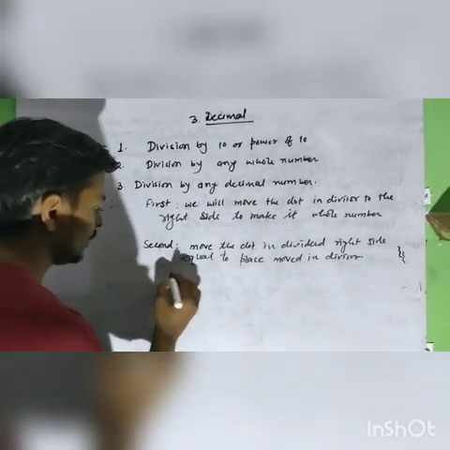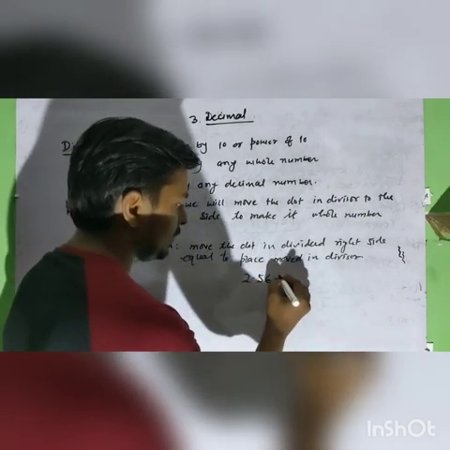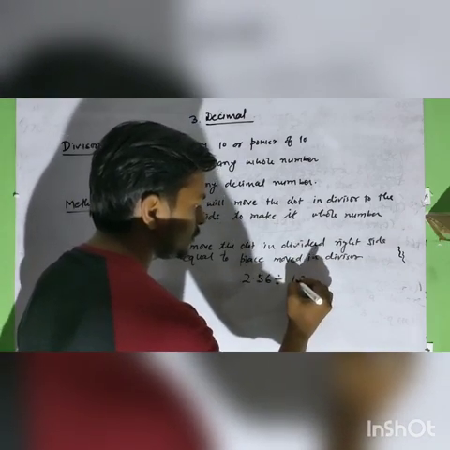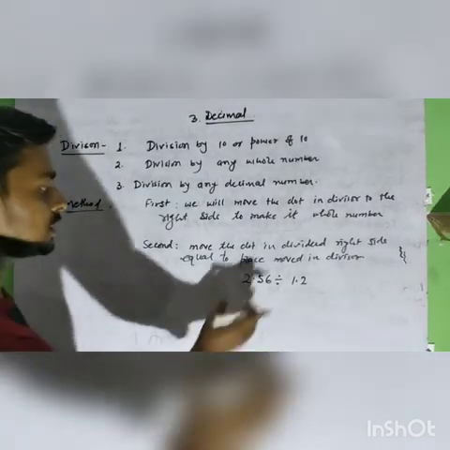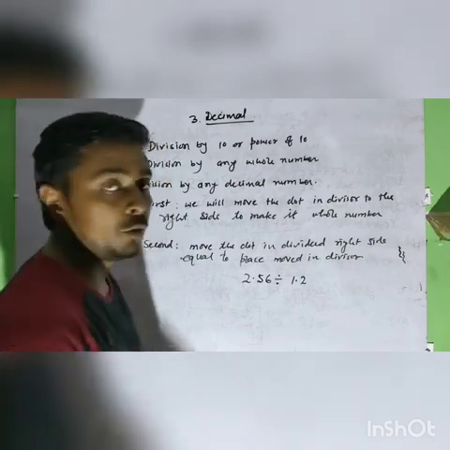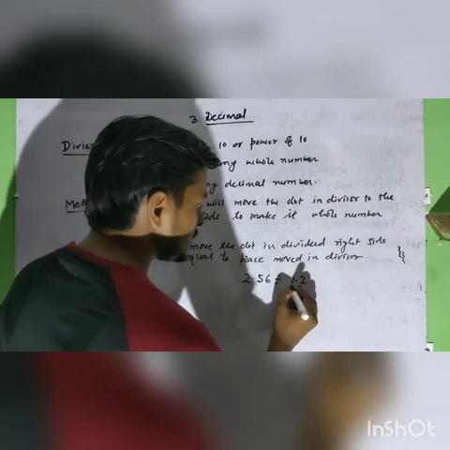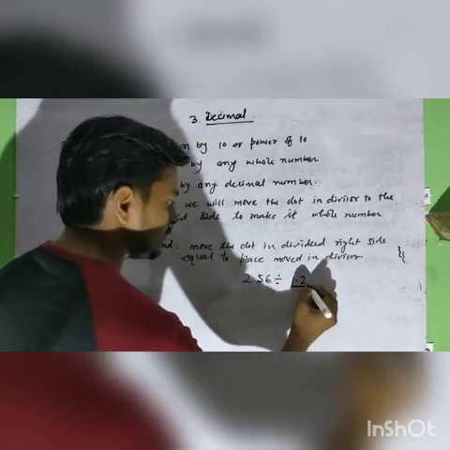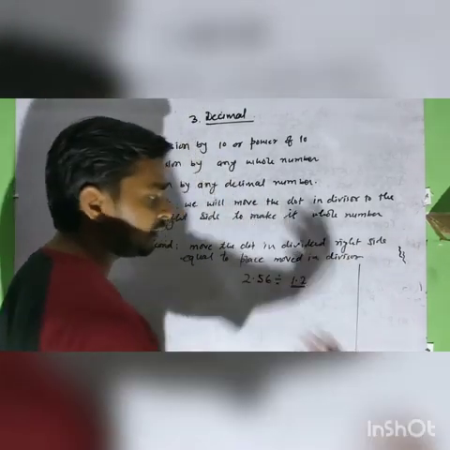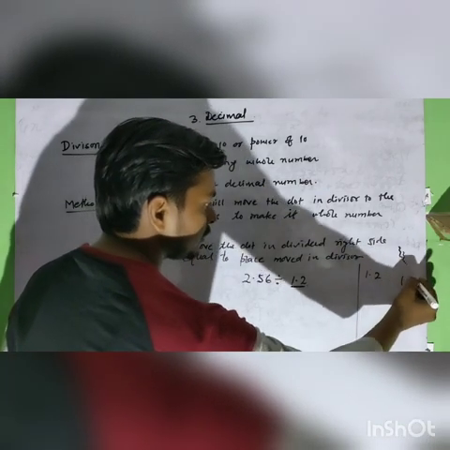So the example you can take: 2.56 divided by, suppose we take, 1.2. This is a decimal number, this is a decimal number, this is the dividend, this is the divisor, both are decimal numbers. So first, this divisor 1.2, we will change into 12.